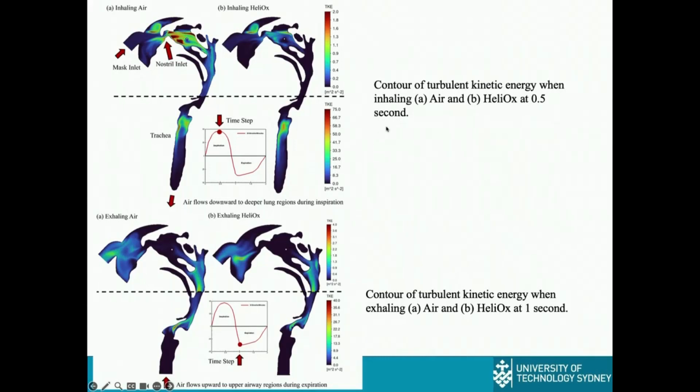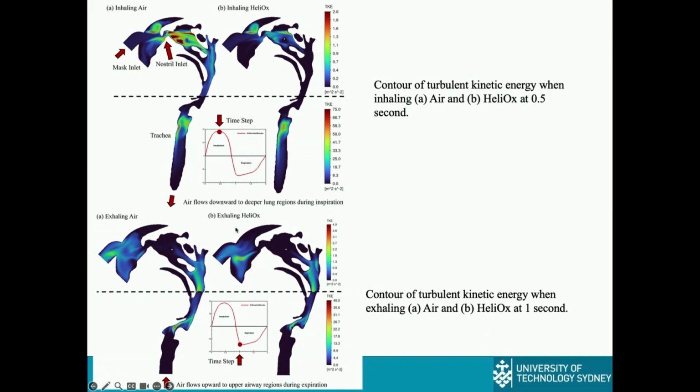And more, you can see here the control for the turbulent kinetic energy when inhaling. A is air, B is Helox. You can see high kinetic energy here, but a low value here.